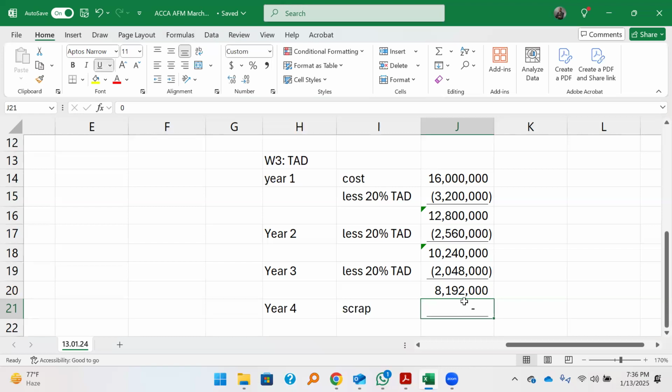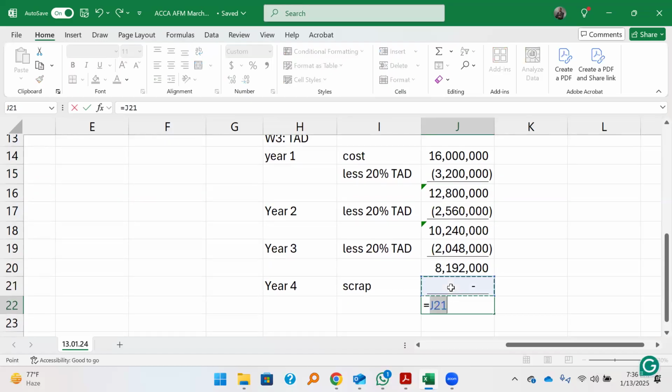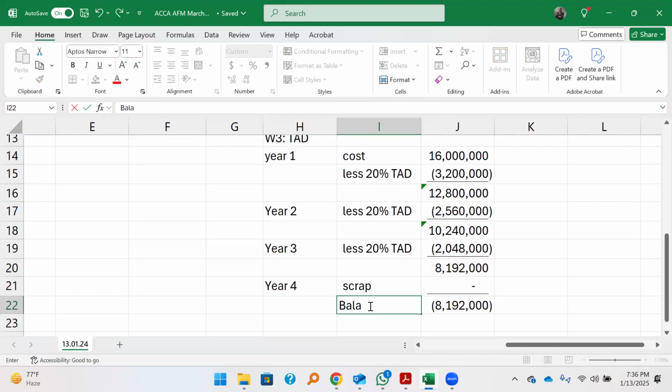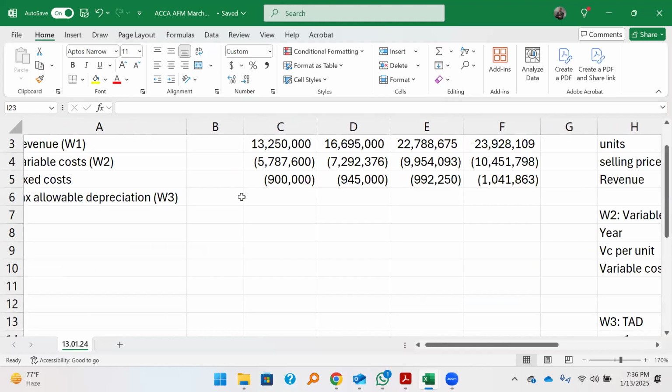Therefore, that means that this whole figure that you are carrying, you are going to give it as a balancing allowance. This becomes a balancing allowance.